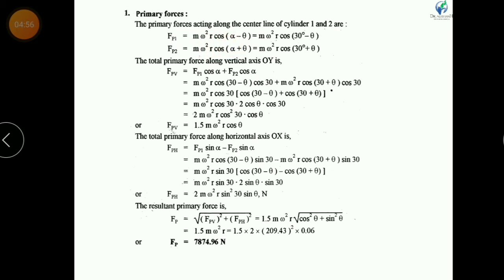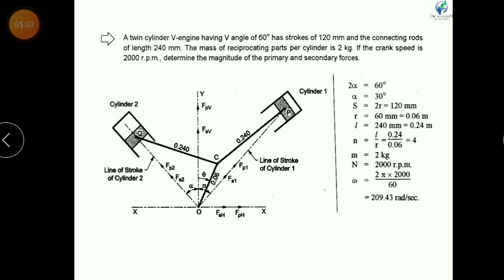But theta is the angle of crank with the line of stroke of cylinder, or we can say with the central line of cylinder. So here in the first case this angle is alpha minus theta, but in the other case this angle is alpha plus theta.